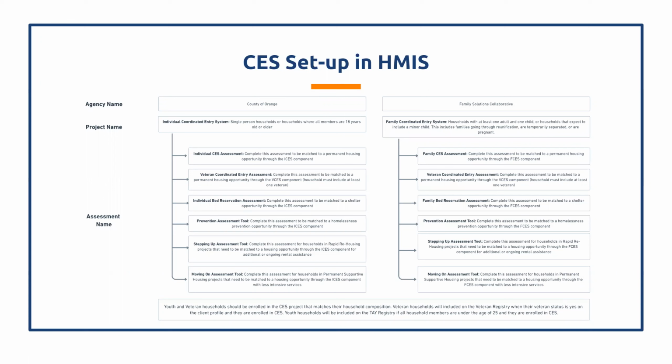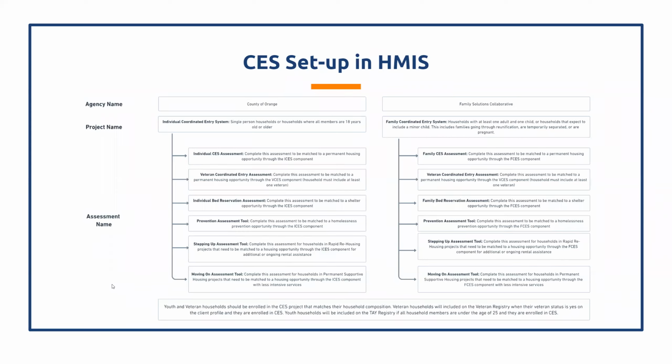You will see underneath the CES system a list of assessments. Depending on the household needs, the access point will conduct an intake and collect the information needed for the assessment. Complete the CES assessment to match clients to permanent housing opportunities.